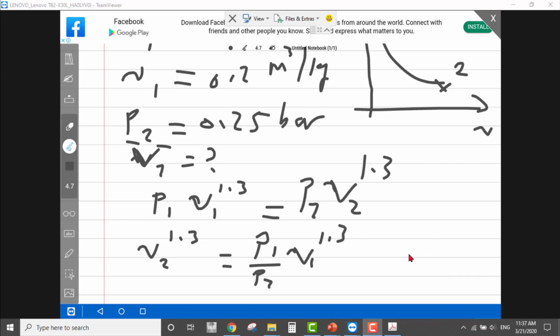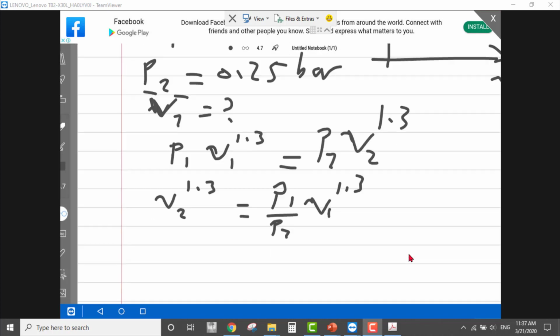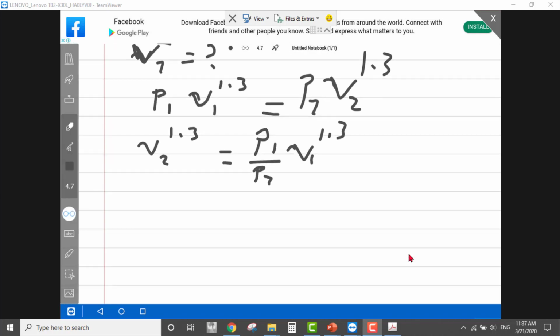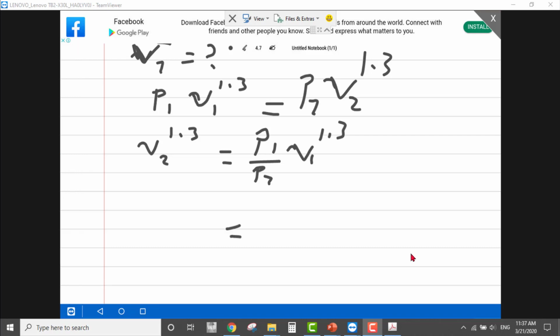No need actually to convert the pressure from bar to Pascal because those units will cancel out. So P1 divided by 0.25 multiplied by specific volume 0.2 to the power 1.3.